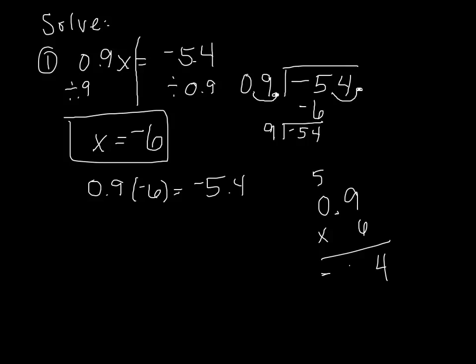Plus 5 is 5. Okay, then I know I need to bring my decimal point back one spot. And there we go. I get negative 5.4 equals negative 5.4. So my answer checks out. Let's try another one.